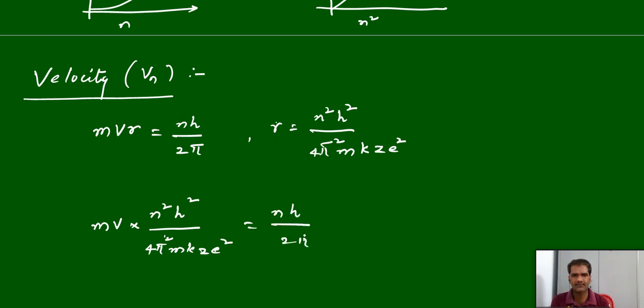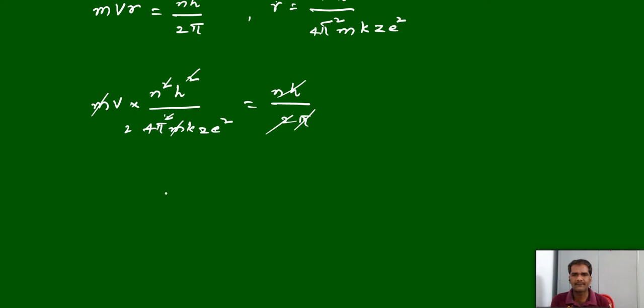is equal to nh by 2 pi. Here the n and h squares cancel out, the pi square cancels, the mass cancels on both sides, and the 2 cancels as well. And overall, what is left?